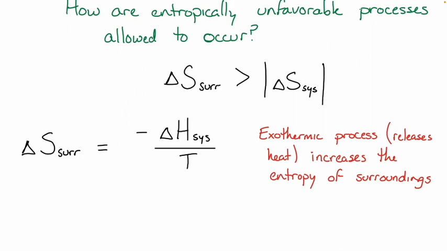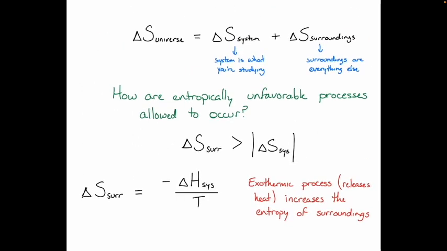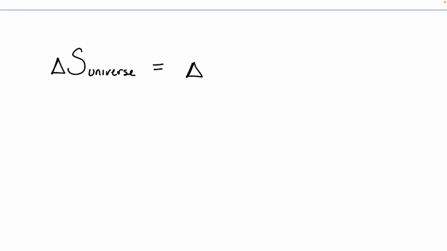Okay, so we're going to roll this all together here. We're going to take this and plug it back in over here, that way we have our whole equation defined in terms of our system. So the delta S of the universe equals the delta S of the system minus the delta H of the system divided by temperature.